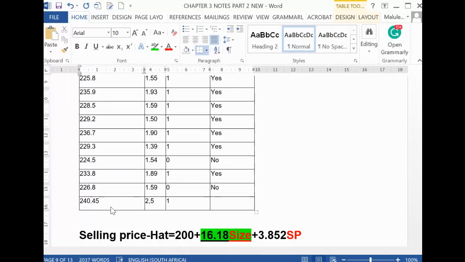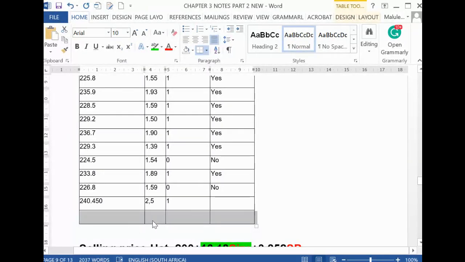So you are saying the house, which has 2.5 square feet and has a swimming pool, isn't it, Mr. Smanga? It will cost 2450. So can you please tell me, if this house does not have a swimming pool, how much will it cost? The same size, but it doesn't have a swimming pool.